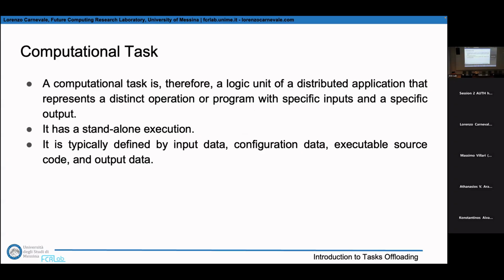So a computational task is a logical unit of a distributed application that represents distinct operations or a program with specific inputs and specific outputs.